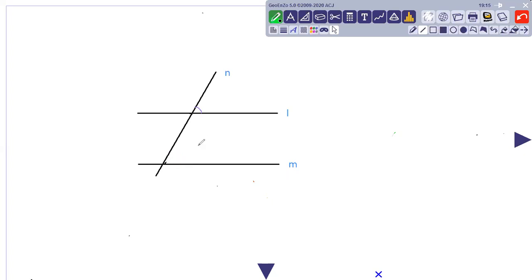Again, same thing. This angle and this angle will also be equal. Same thing, corresponding angles. They are equal. Number one, we have talked about corresponding angles.